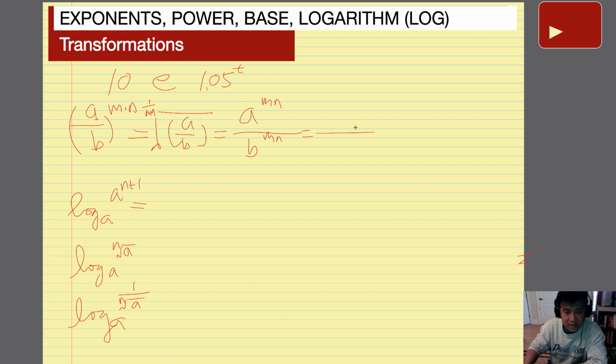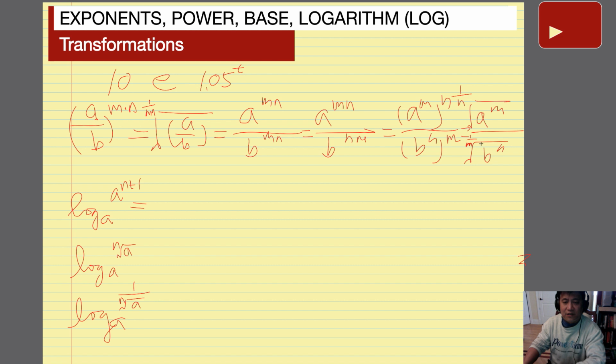And this can be rewritten as a to the power of m times n and b to the power of n times m. And this can be a to the m to the n's power and b to the n to the m's power. And you can further write it as a to the m to the root of 1 over n and b to the n to the root of 1 over m, and so on.